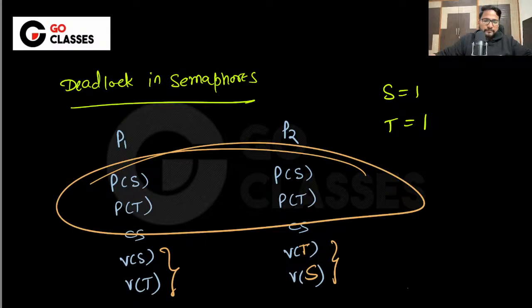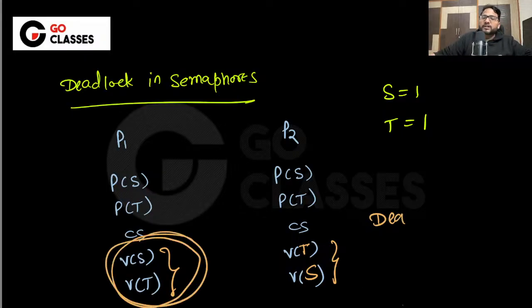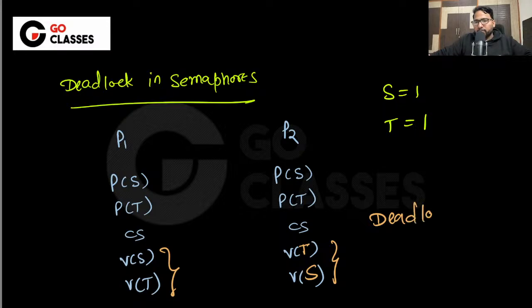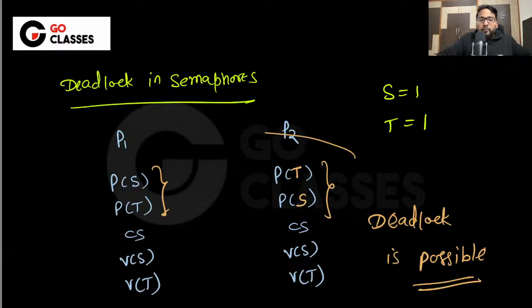So here deadlock is not possible. See, if you change the order of V, then deadlock is not possible. So changing the order of V doesn't impact the deadlock, but changing the order of P impacts the deadlock.